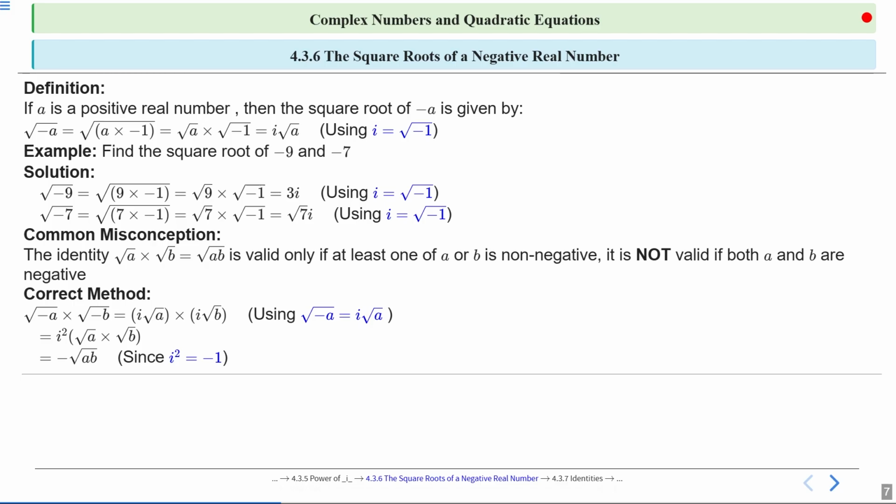So square root of minus a times square root of minus b equals minus square root of ab. This is the correct result when multiplying square roots of two negative numbers. So remember, the negative sign comes from iota squared being minus 1. Okay, so this wraps up our discussion on this important property.